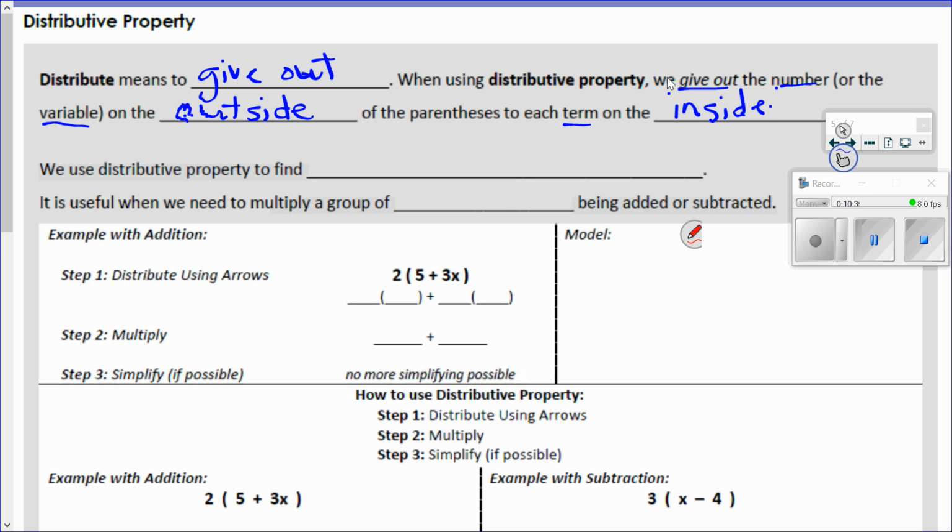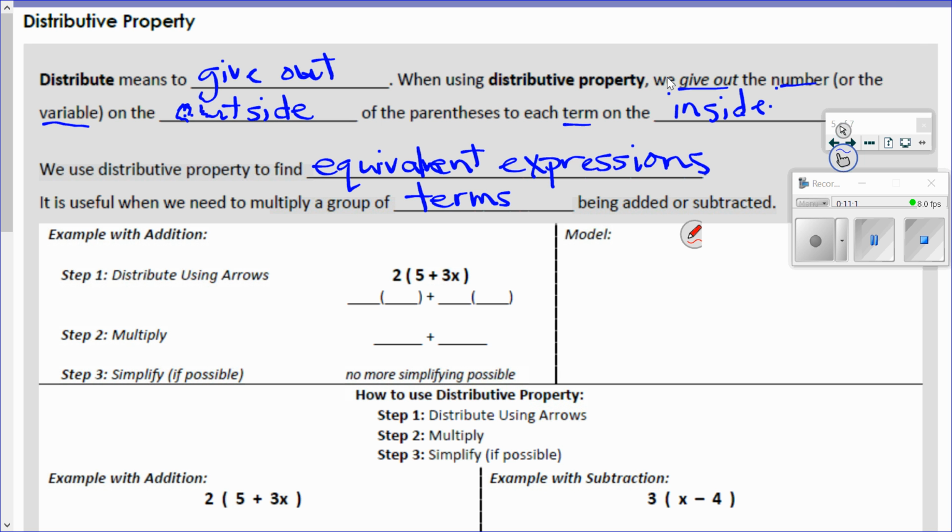We use the distributive property to find equivalent expressions, in other words, ones that are equal to each other. It is useful when we need to multiply a group of terms, because it could be numbers, but it could also be variables.